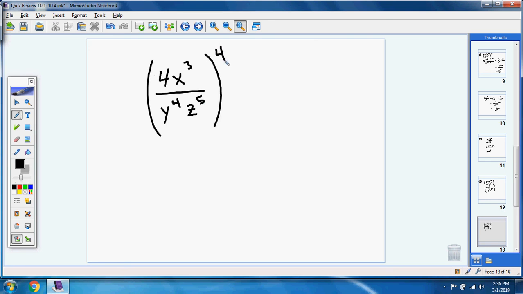So this problem is now just a little bit more advanced form of number 10, maybe even 23, where again, each item is going to get the exponent outside. It's kind of like the distributive property. So that is 4 to the fourth power. Excuse me. And then for the variables, remember it's inside, outside, so that means I'm going to multiply my exponents.